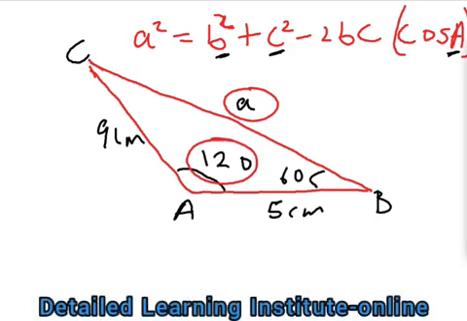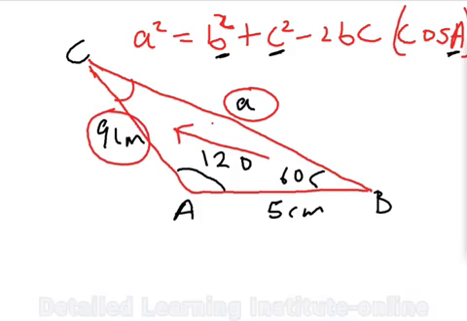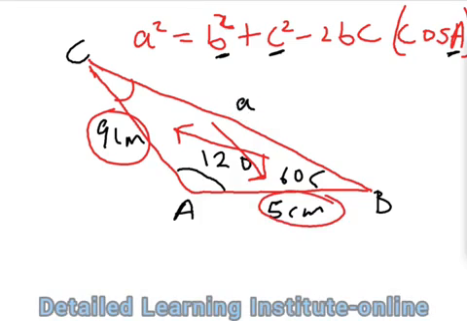Of course, B is the side that is opposite to angle B, and that is this side. You have B. Do you have C? C is the side that is opposite to angle C. If that's angle C, the side opposite to angle C is 5 cm. You have C. Correct. That means we can use the cosine rule to resolve this question. Very simple. Now, let's check on the other hand. Can we use sine rule?